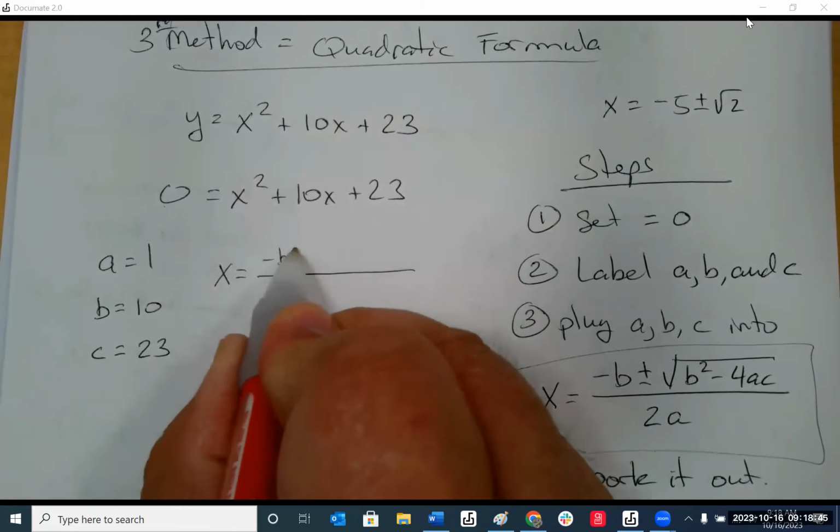Negative 10 plus or minus, inside, 100 minus 92 is 8. We can simplify inside the radical. 8 is made up of 2 times 4, or 2 times 2 times 2.